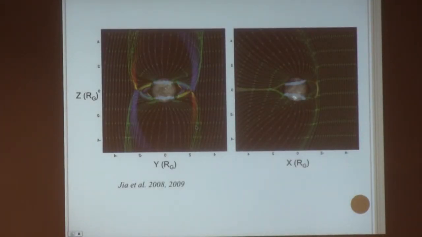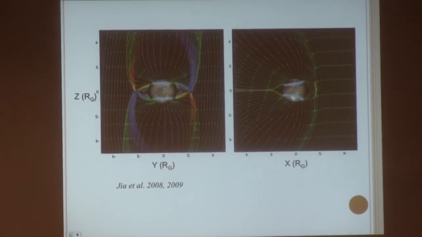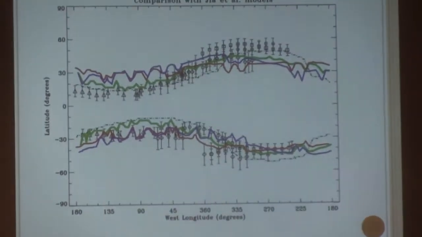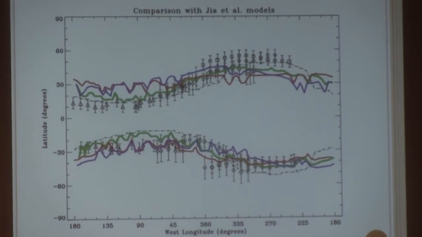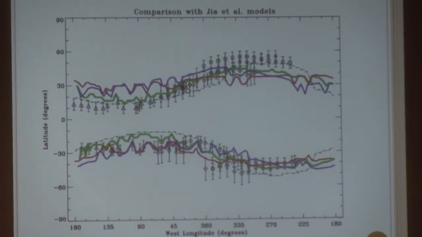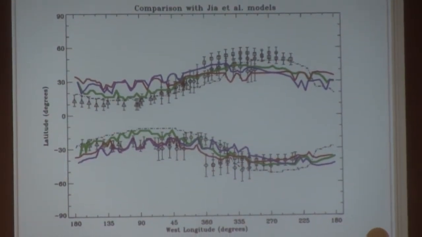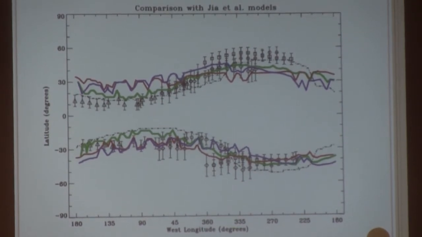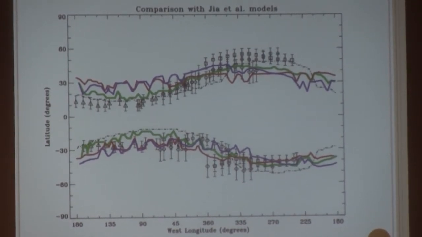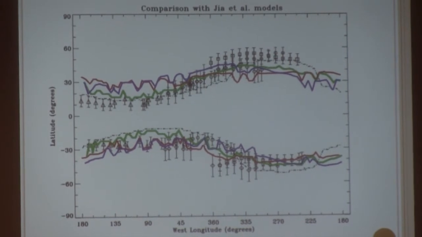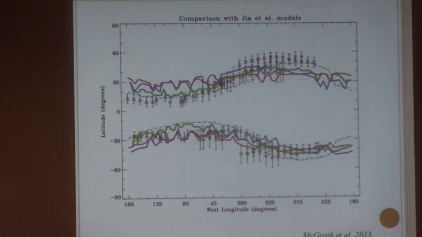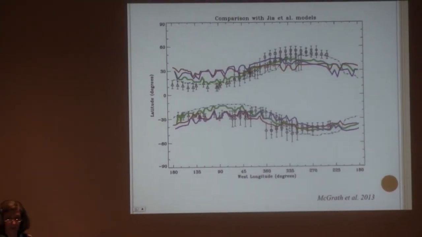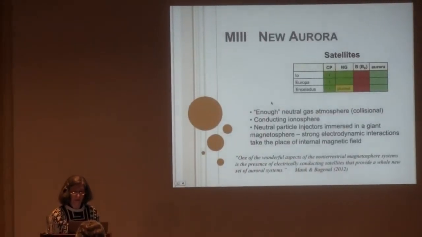There's been beautiful modeling done by Xuanji, and this is what the models look like, and the wonderful thing is they match the data extremely well. It's really pretty miraculous because these models are geared to match the Galileo magnetometer data and haven't been tweaked at all to match our data. So we were astounded and really pleased that we can do a good job.